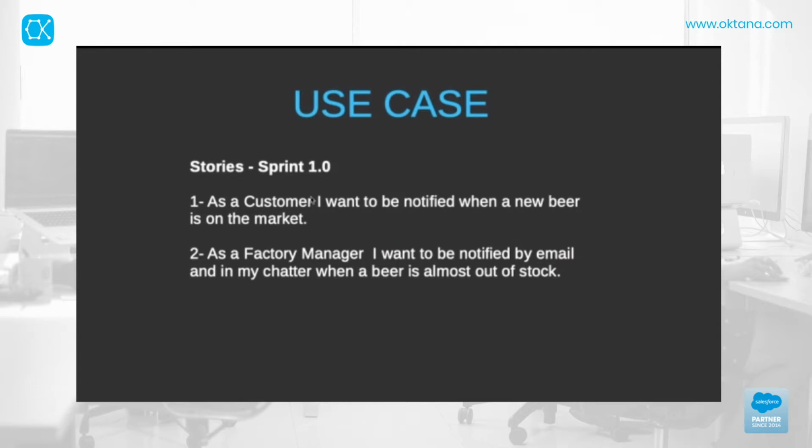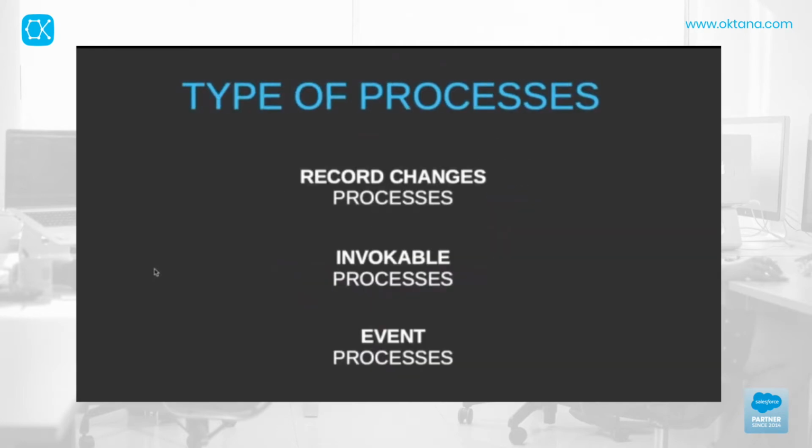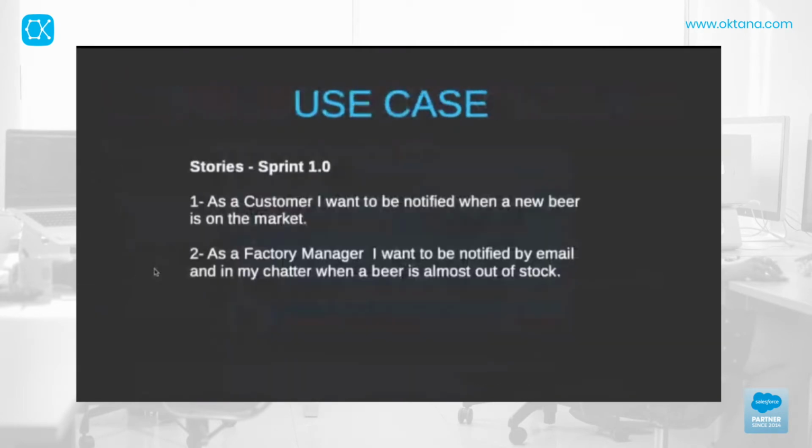One, when we create a new beer and put it in the market, we want to notify all the customers to let them know that there is a new beer for selling. Then we want the factory manager to be notified that we are running out of a certain beer. Any question till now?